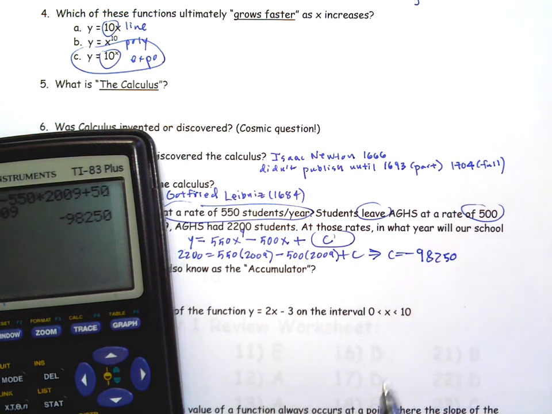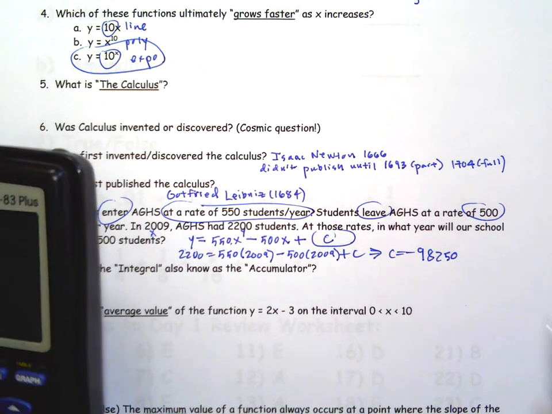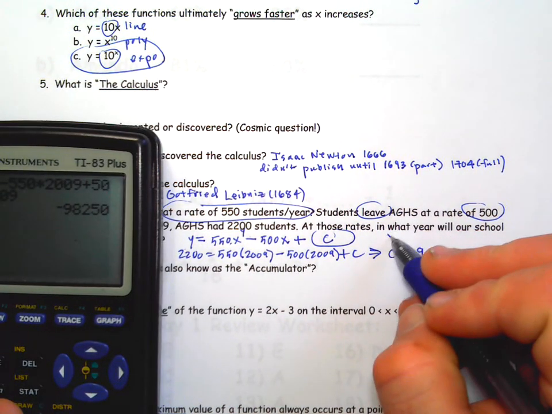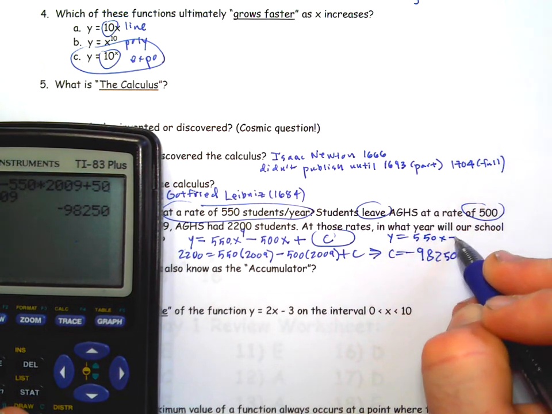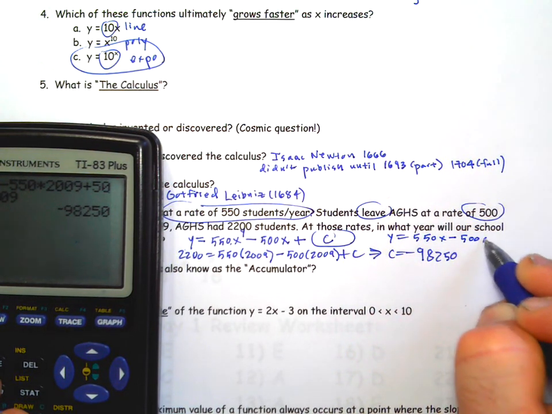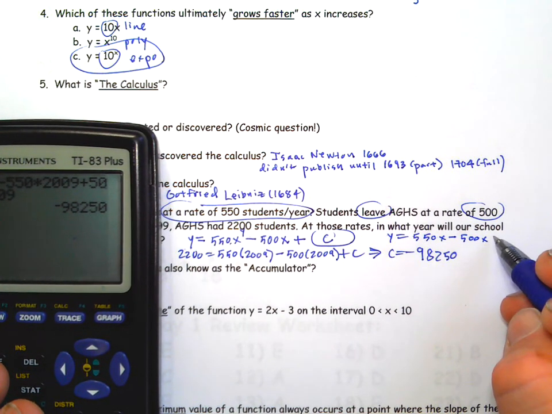So we have this equation, and we could even combine the 550x minus the 500x, because that would just be 50x.